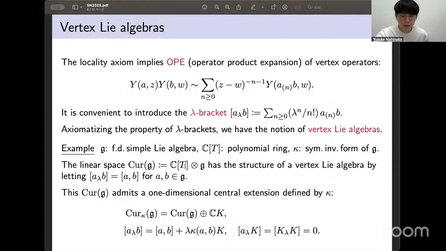This linear space becomes a vertex Lie algebra with a structure given by this lambda bracket. Moreover, for a given symmetric invariant form kappa, Cur g admits a one-dimensional central extension denoted by Cur_kappa g.